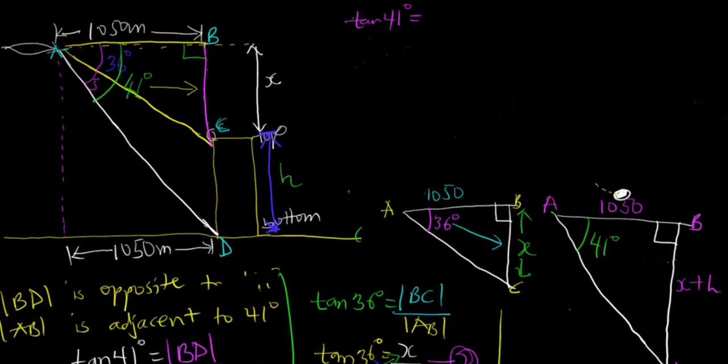Tan 41 degrees equals x plus h, that is from equation 1, divided by 1050. So this is the same as over 1. Let me do cross multiplication here. So 1 times that, then I have tan 41 times 1050, and I have x plus h.